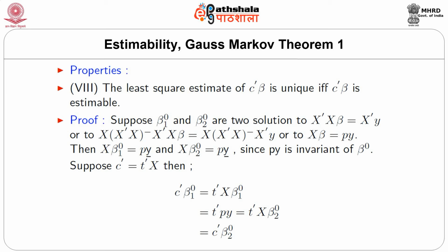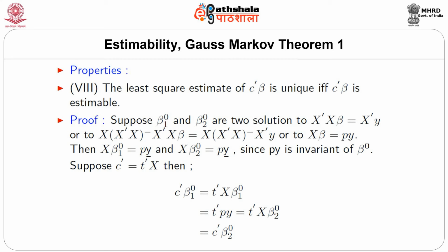Suppose beta 1 naught and beta 2 naught are two solutions to X transpose X beta equal to X transpose Y, that is the normal equations, or to X times X transpose X G inverse X transpose X beta equal to X times X transpose X G inverse X transpose Y, or to X beta equal to Py. Well then, X beta 1 naught must be equal to Py and X beta 2 naught must also be equal to Py.